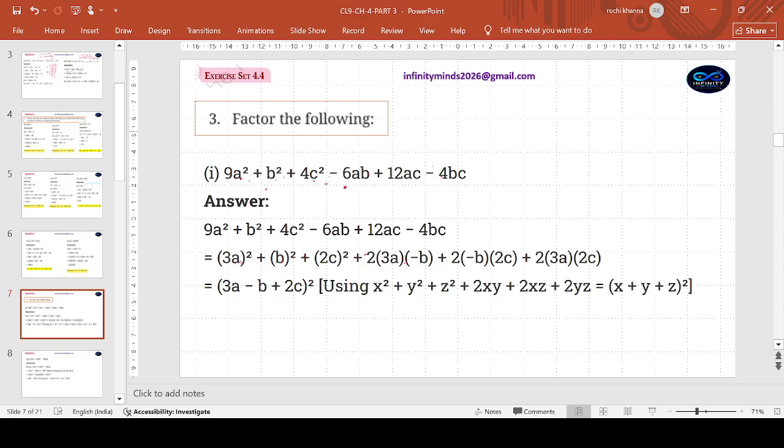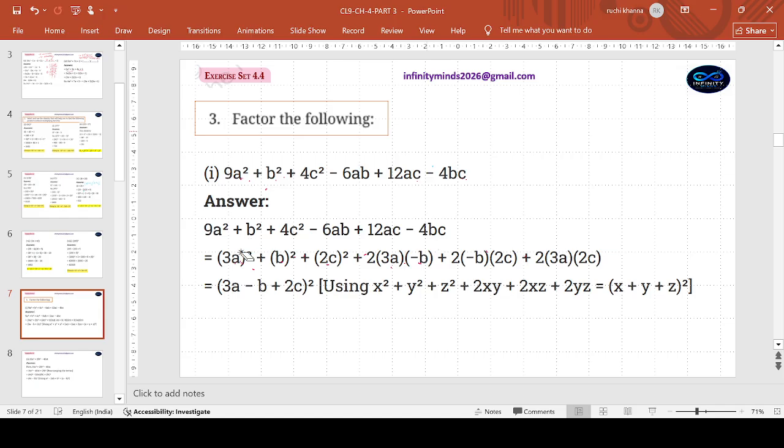Which two terms are carrying the minus? So if it's a this, then b must be carrying the negative value because these two are carrying minus with them. 3a must be positive, into a minus b. Then 2 into minus b into 2c, and a and c must be positive, that is twice of 3a into 2c. You can refer to the previous video to listen to this particular type in detail.